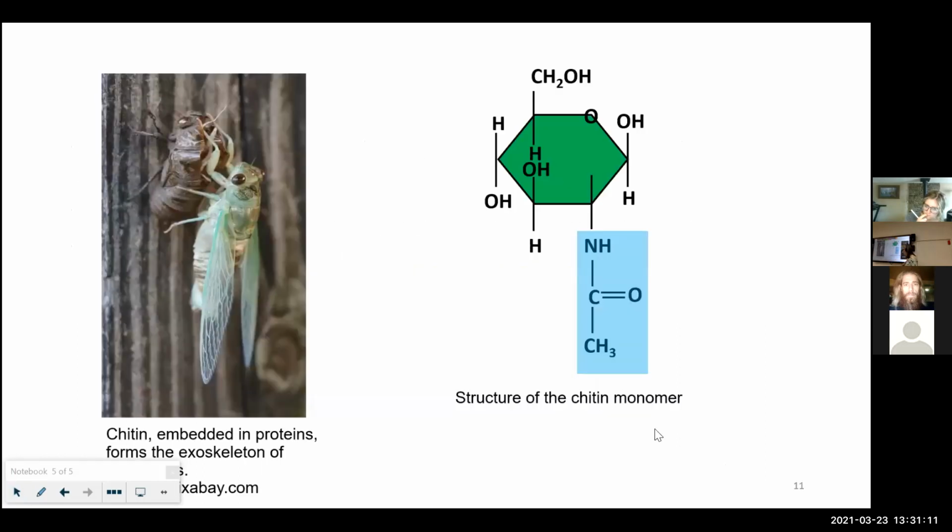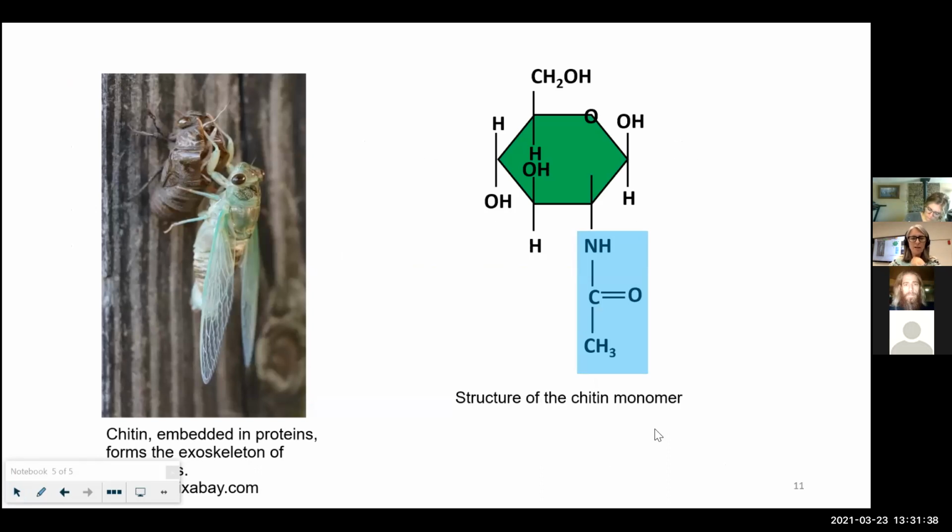Chitin is also a major component of the exoskeleton of arthropods. So you see a cicada there, and it's just molting. Okay, we'll see that an entire group of animals does that. They molt as part of the growth process, and so that little shell that you see behind is almost entirely made of chitin.